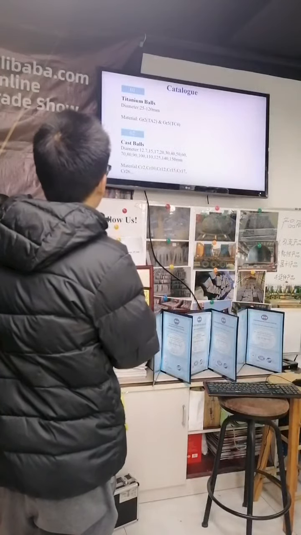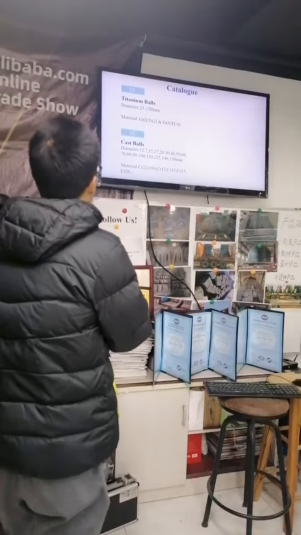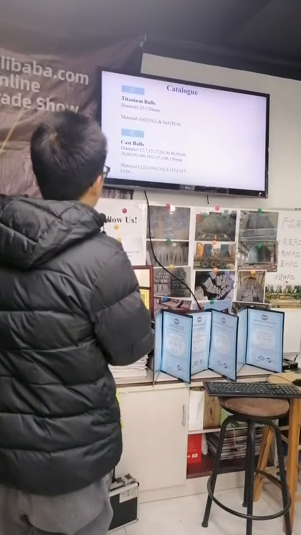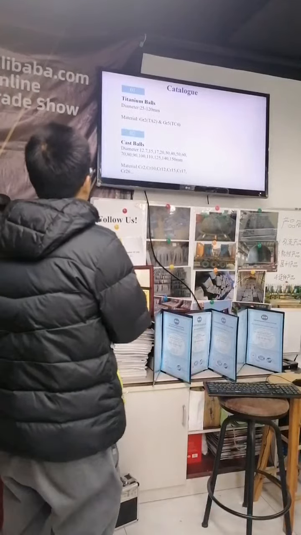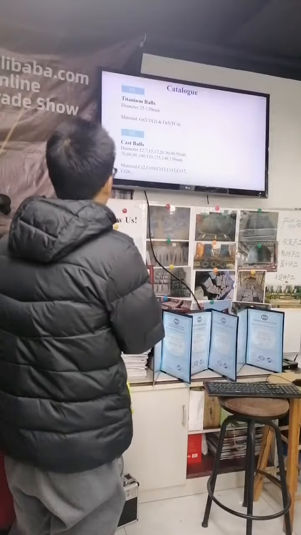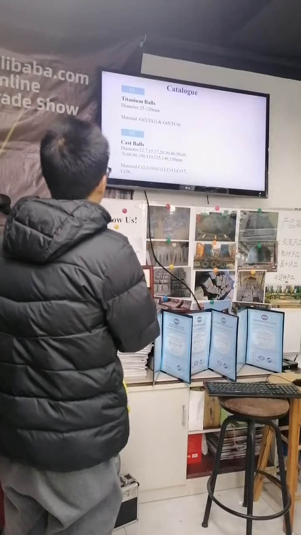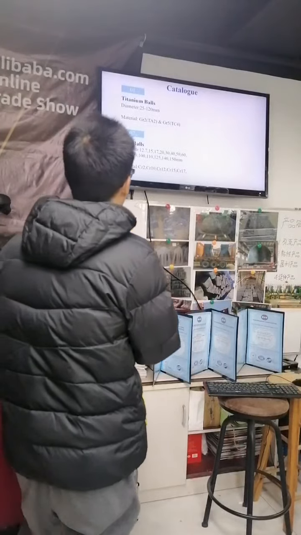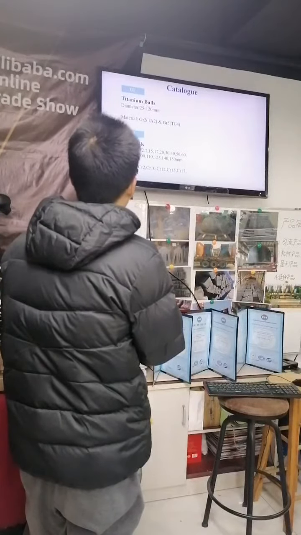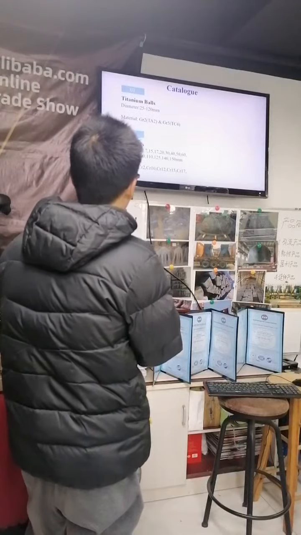This is the contents. The first is titanium balls. Its diameter is about 25 to 120 millimeters. Material is GR2, GR3, or GR5 TC4. The second is cast balls.